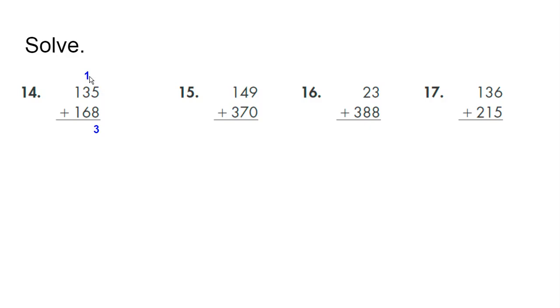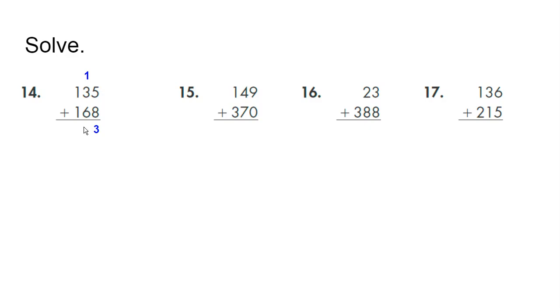Okay, now we can add our tens. 1 ten plus 3 tens plus 6 tens. I know 3 plus 6 equals 9, but 1 more equals 10. Can I put 10 in the tens column? Nope, it's too big. It's bigger than 9. So 10 tens equals 100.